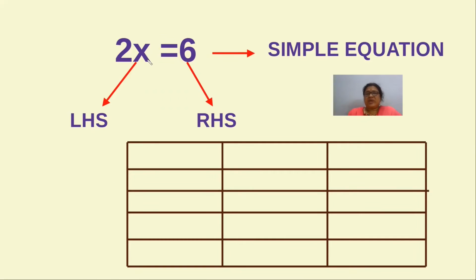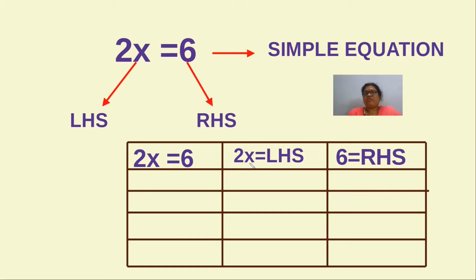What will be the x value so that the LHS is equal to the RHS? Let us see. See here the simple equation is 2x is equal to 6. What is there on the left hand side? 2x is there. What is there on the right hand side? 6 is there. So what will be the value of x? What value of x do we have to put so that LHS is equal to RHS?